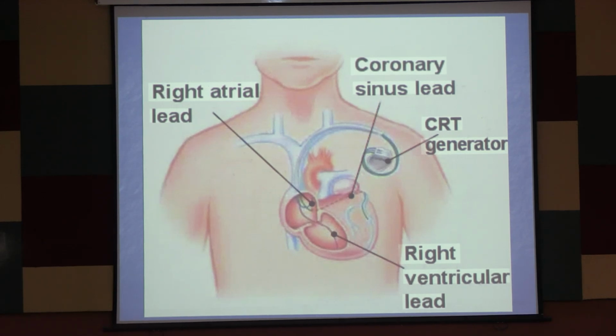Virtually this is designed for the left ventricle. So the contraction of the various chambers should be synchronized through the placement of a pacemaker-like instrument known as CRT-D. It is CRT devices.